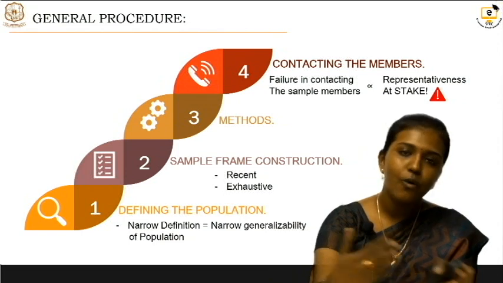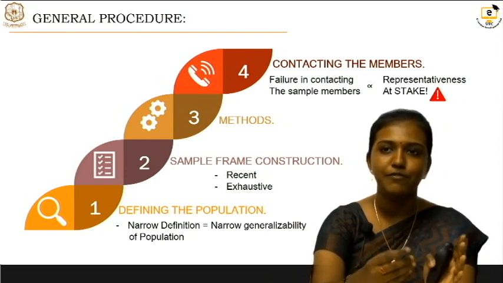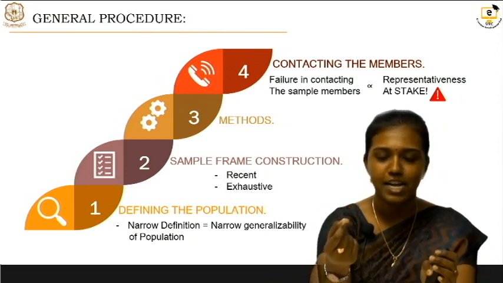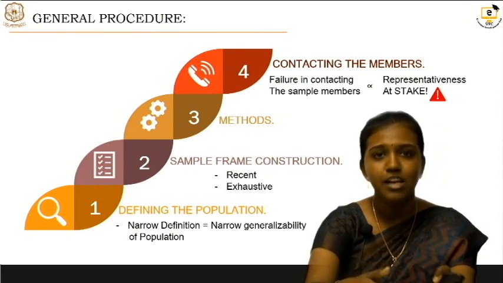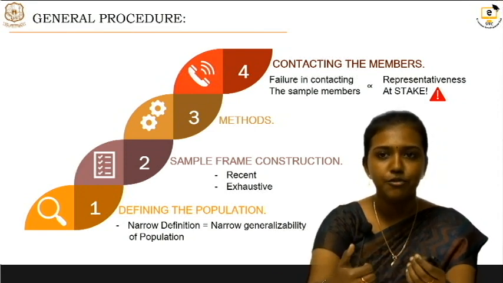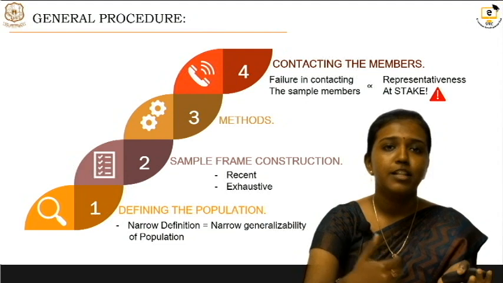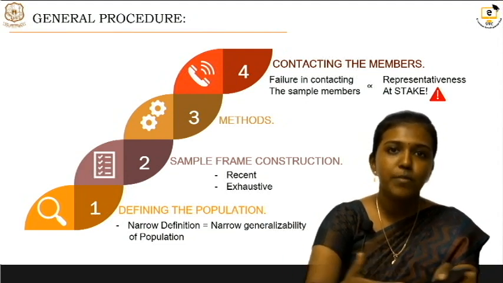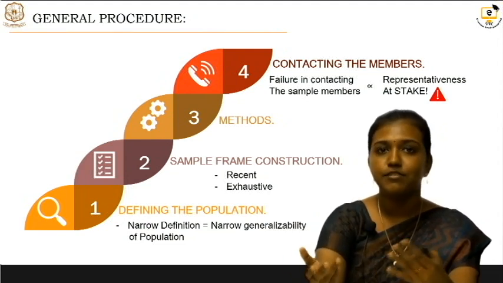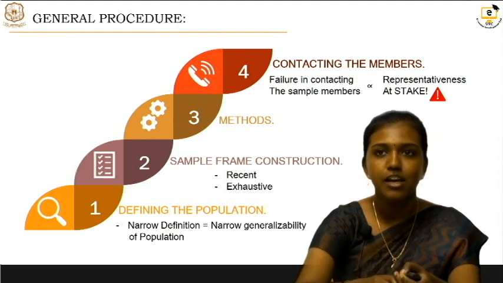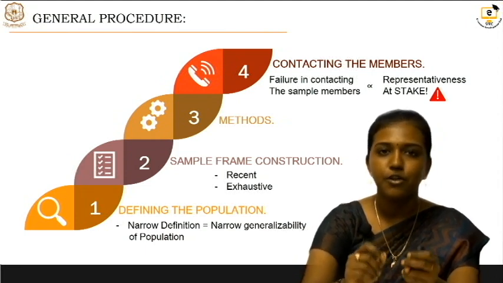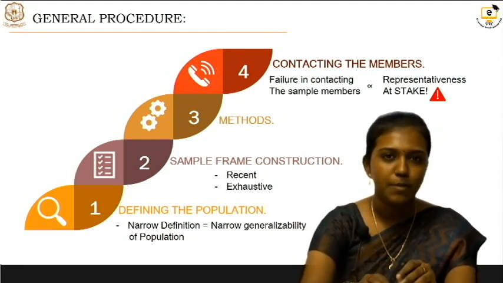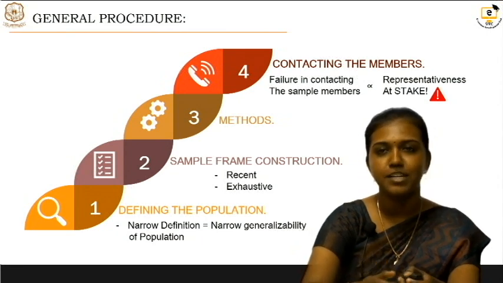Going back to the jar of candies example, if you do not have one of the candies, if n size becomes 29, the whole proportionate thing that you do is a waste of time, because n equal to 30 is not being maintained across samples. I hope you get what I mean. So, it is important for you to contact all the members of your sample to ensure randomness and representation.